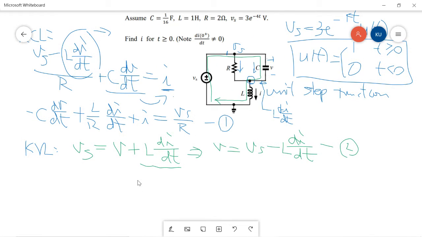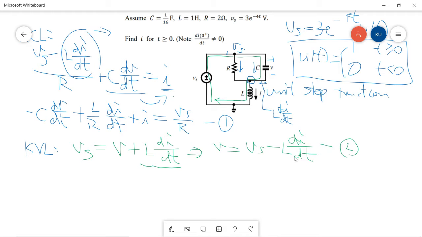So next we try to eliminate some of the variables.